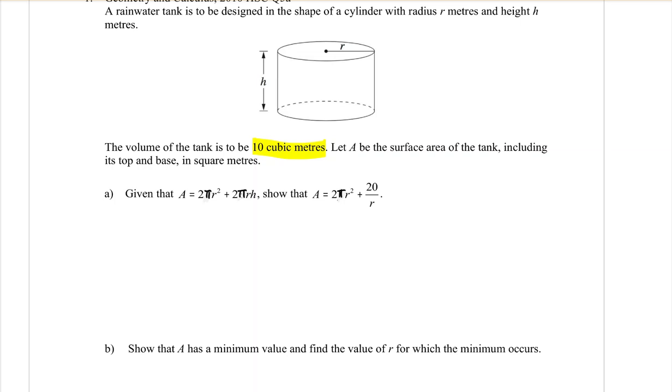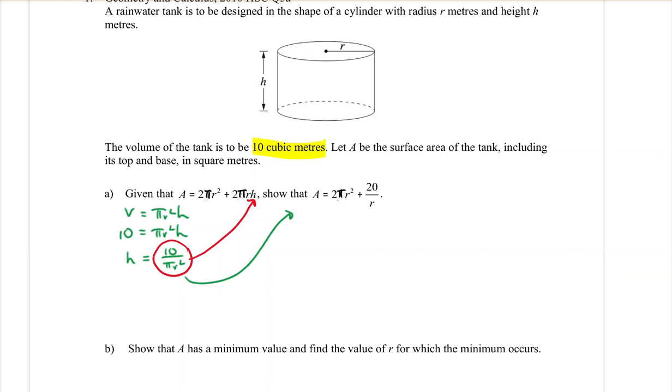The volume of a cylinder is pi r squared h. The volume that we've been told is 10. So it's 10 equals pi r squared h. And to get the h by itself, we divide the pi r squared across the other side. So that means all I have to do is substitute that value of h into that equation there to get the second one.